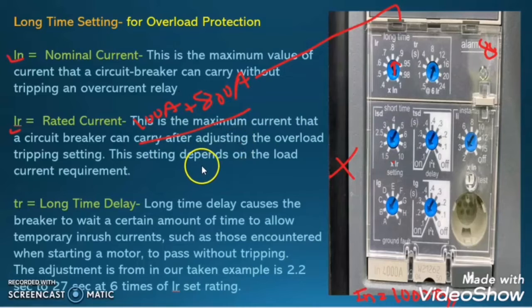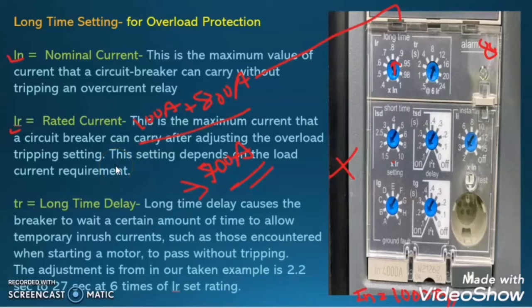And suppose another example, we reduce the load from 800 to 700 ampere. This circuit breaker has an 800 ampere rating, so the overload condition for this circuit breaker will be 800 ampere, but the load connected to this circuit breaker has an overload condition after 700 ampere of current. So again we have to change the circuit breaker.